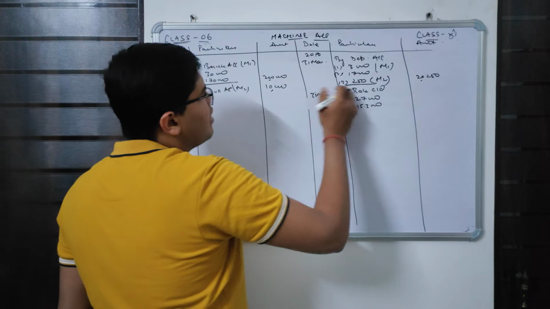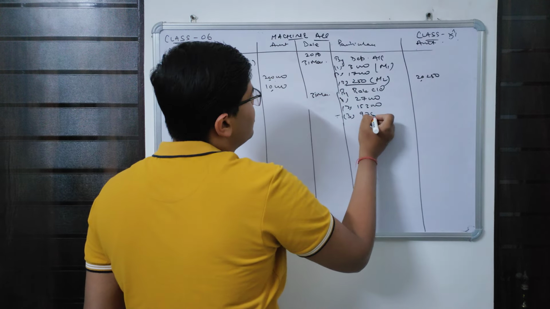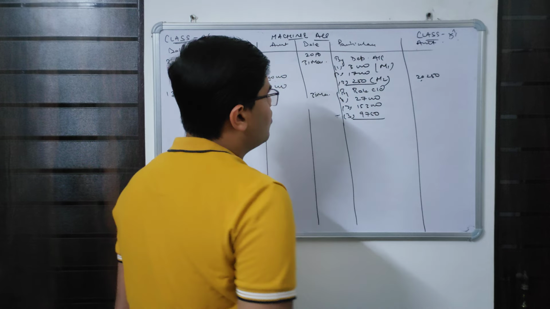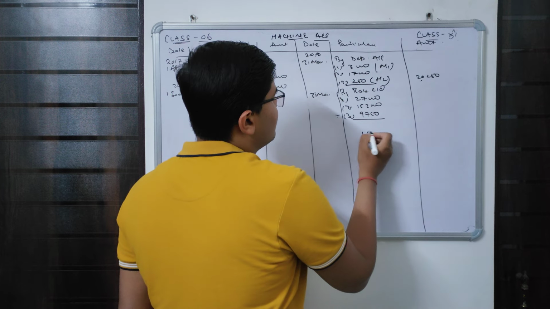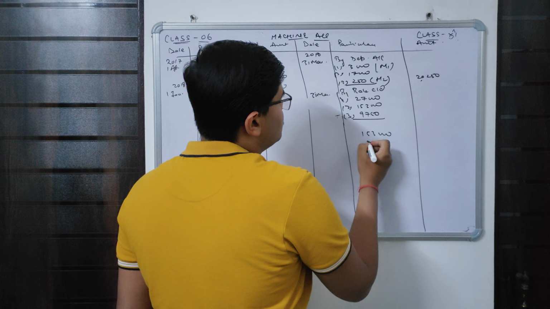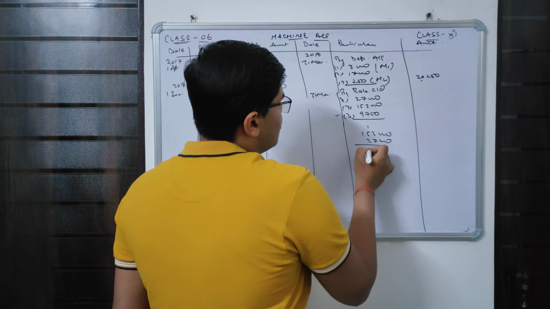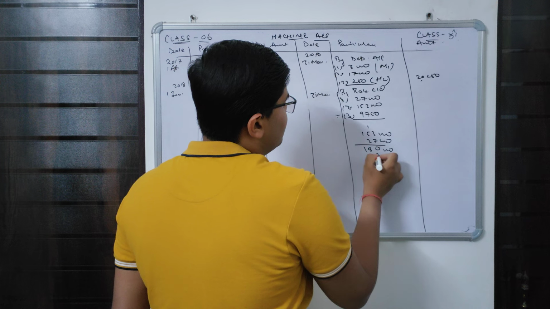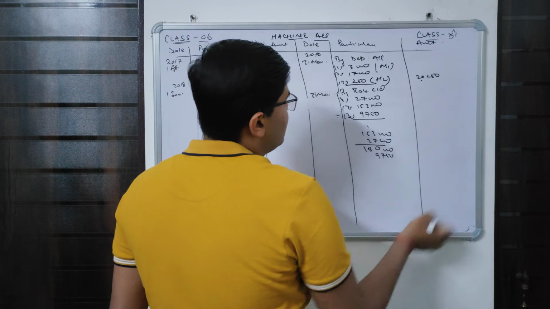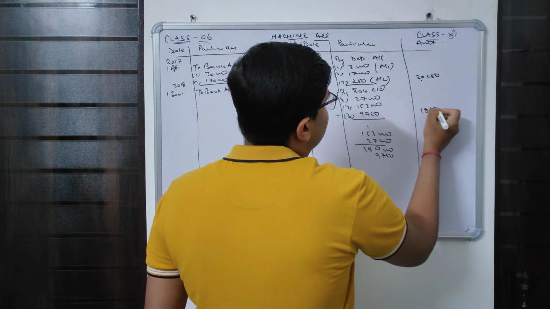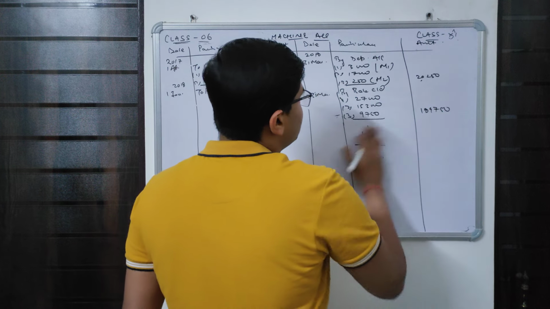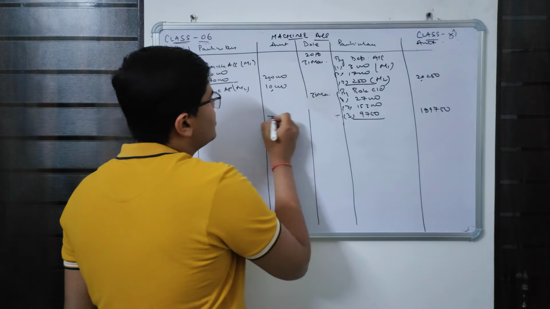And 10,000 minus 250, 9,750. So we will total it, we get 1,53,000 and 27,000, 1,80,000, and 9,750. So it will be 1,89,750.